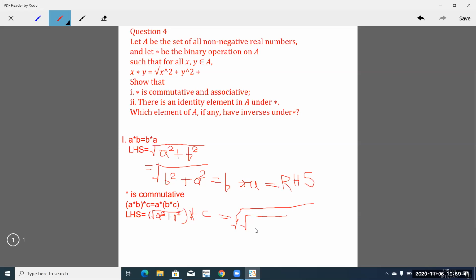So it just becomes the square root of a squared plus b squared plus c squared.